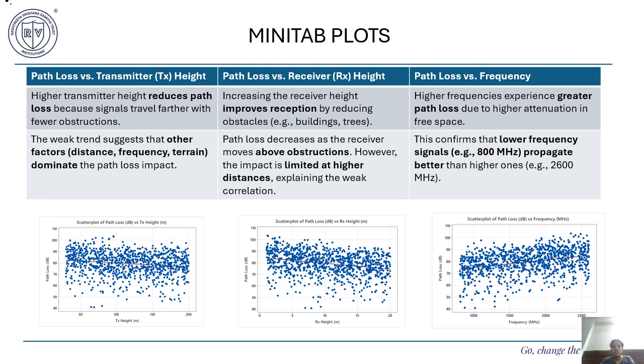So path loss decreases as the receiver moves above obstructions. However, the impact is limited at higher distances, explaining the weak correlation. Path loss versus frequency. Higher frequencies experience greater path loss due to higher attenuation in free space. This confirms that lower frequency signals, for example around 800 MHz, propagate better than the ones around 2600 MHz.